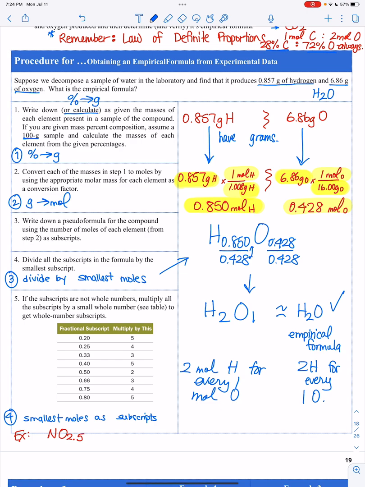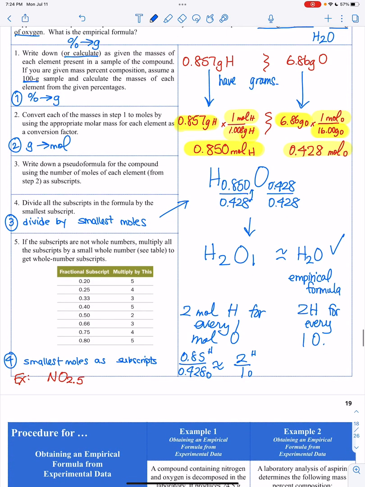So this works. 0.85 over 0.428 is approximately the same as 2 over 1, hydrogen to oxygen. And so before our eyes, I'm able to write an empirical formula. Remember, an empirical formula is the simplest ratio of atoms. And I've proven that the empirical formula of water is H2O.